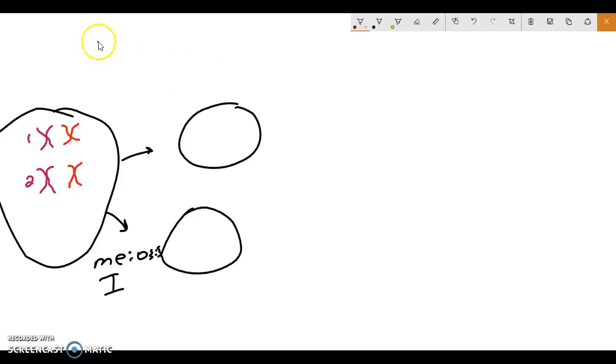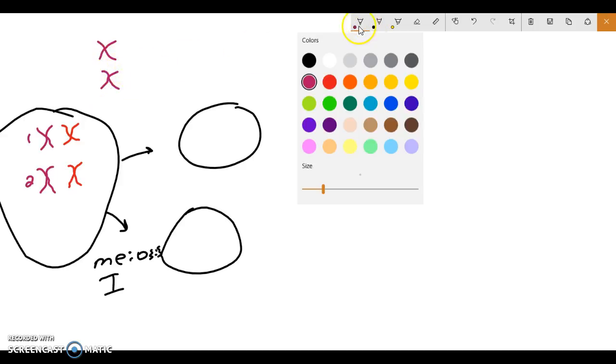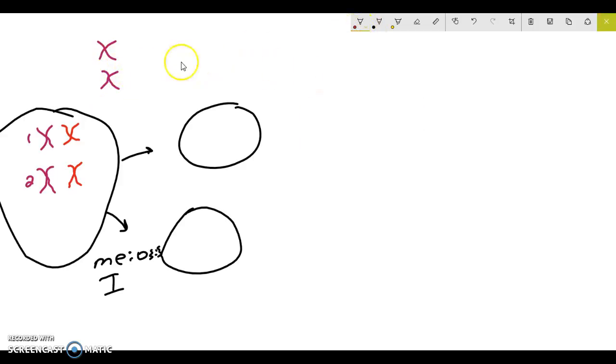During prophase 1, the chromosomes of the pairs have the possibility of crossing over. We don't know, it's pure chance. So let's say pair 1 crosses over at the top of the chromosome and at the bottom, but pair 2 only crosses over at the bottom.